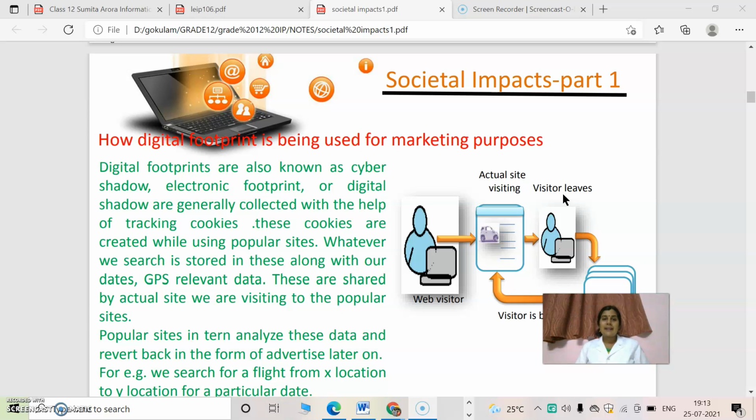If I am searching for coaching classes, many institutions will send data to us. Organizations use our digital footprints for marketing purposes. So these are the different types of digital footprint, active and passive.